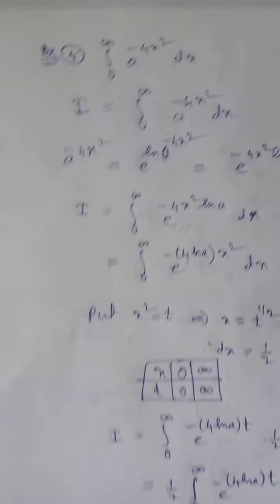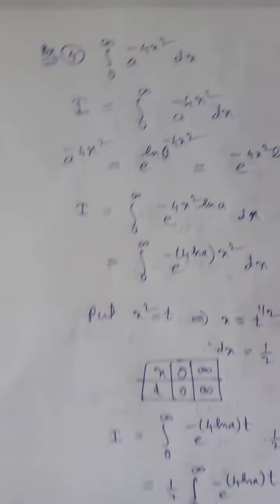So substitute x square equals to t. Therefore x is t to the power half, and therefore dx is half into t to the power minus half dt. So limits are same here. So when x is 0, t is 0.